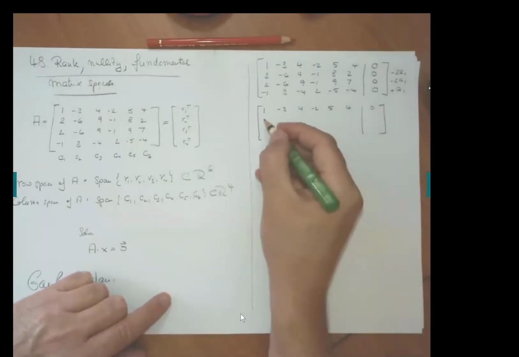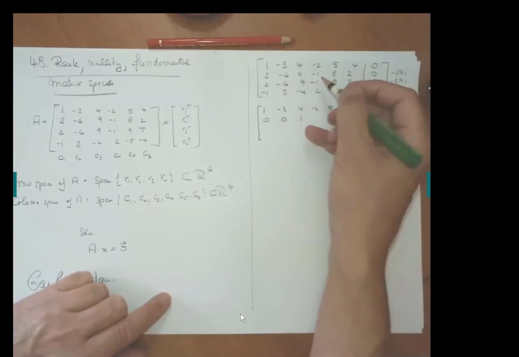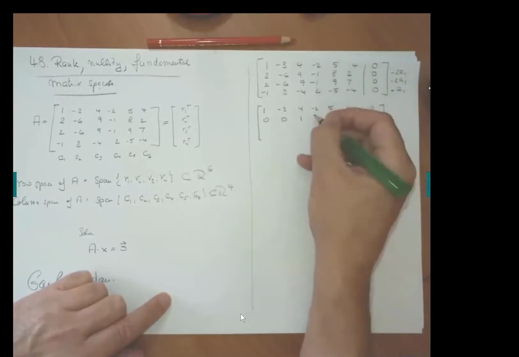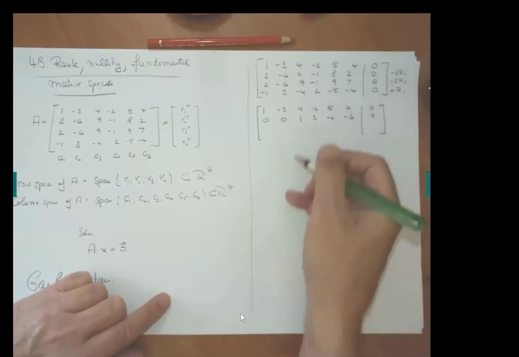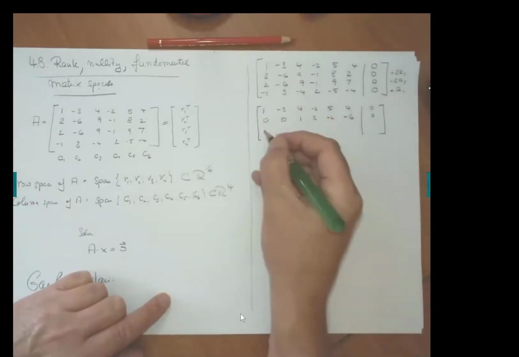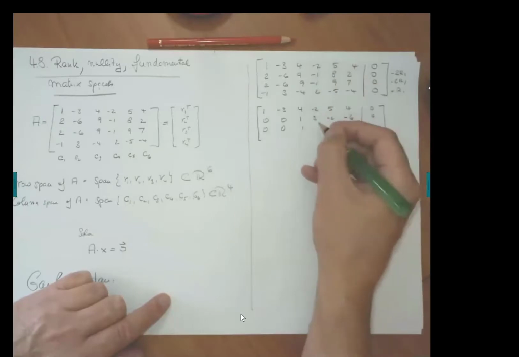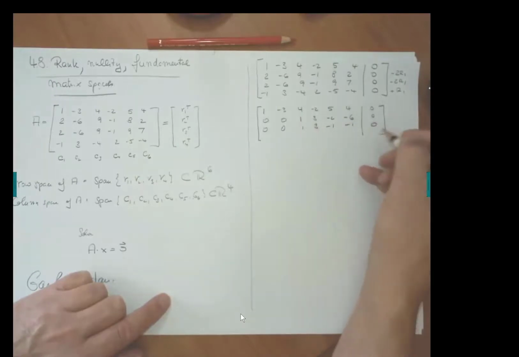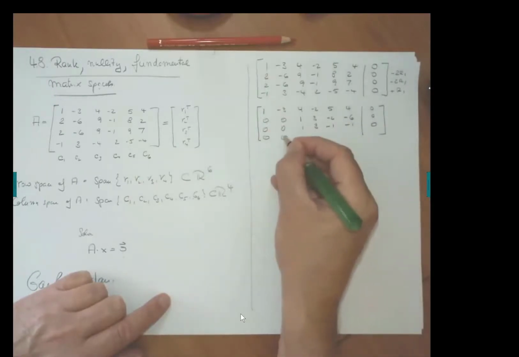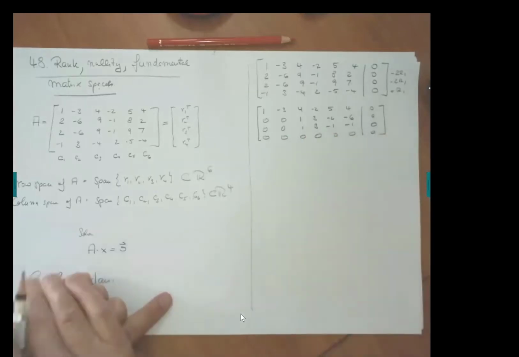Then this -2 times this gives 0, 0, a leading 1 already, then 3, -2, -6, and the zeros never change. Same thing in the next row: 0, 0, 1, 3, -1, -1, 0. And this plus this gives 0, 0, 0, 0, 0, 0, 0. Okay, we again have right away a 0 row.